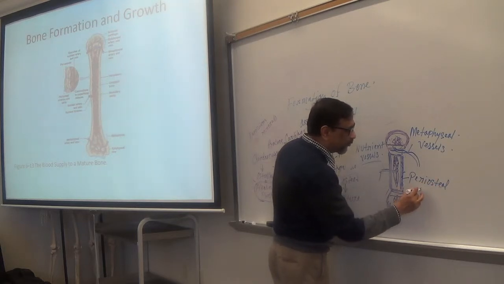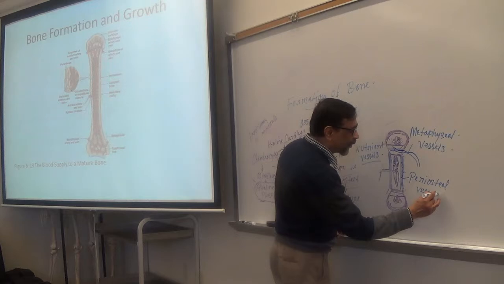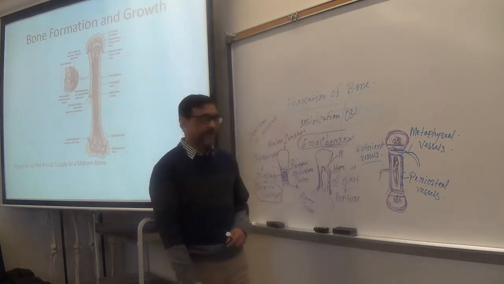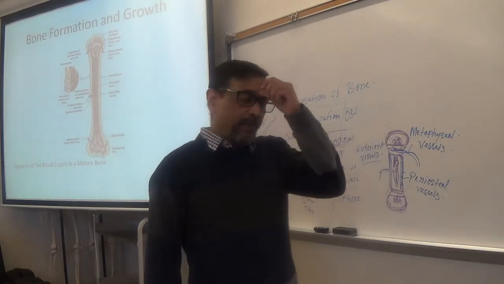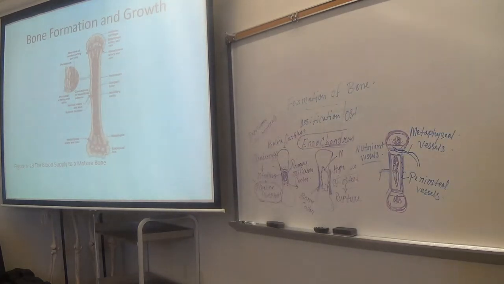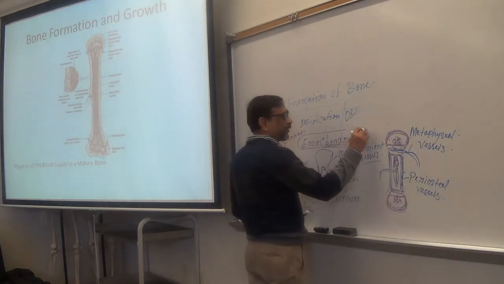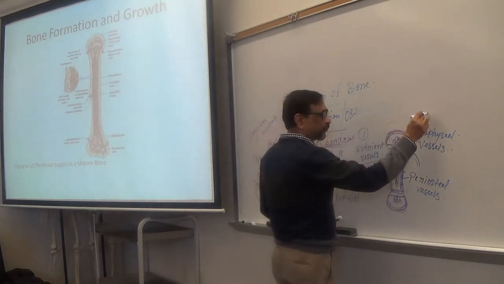Okay? In the covering of the bone, just outside of the bone. And from periosteal, the outer part of the bone gets nutrition and oxygen. Okay, so those are three sets of blood vessels supplying blood to a long bone.